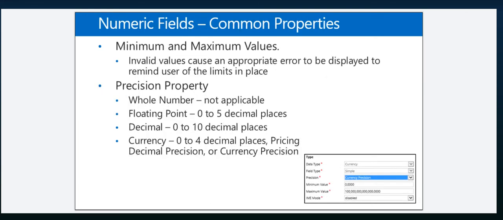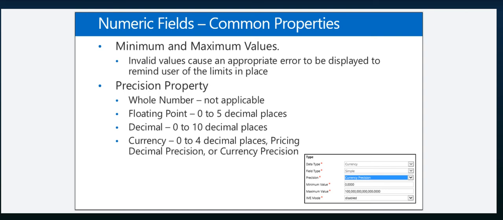All right, so numeric fields have some options as well. You can set minimum and maximum values on number fields. So if people put in a number that's too high or too low, or negative numbers or whatever it is that they're not supposed to, they'll get an error message. You also do have some precisions available for it.